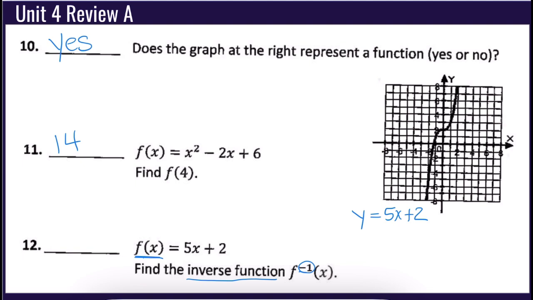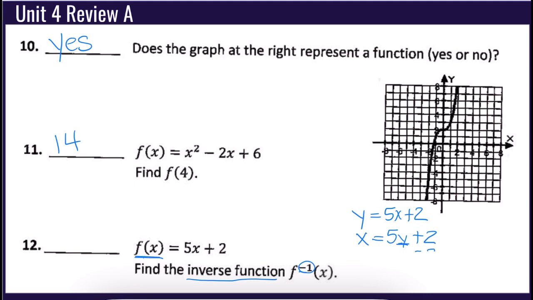Then because they said inverse function, we're going to switch the places of our x and our y. So it won't be y equals now, it will be x equals 5y plus 2. And now we just need to take this equation and solve it for y. We want y all by itself.